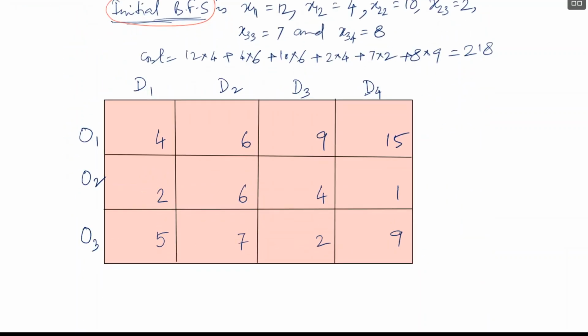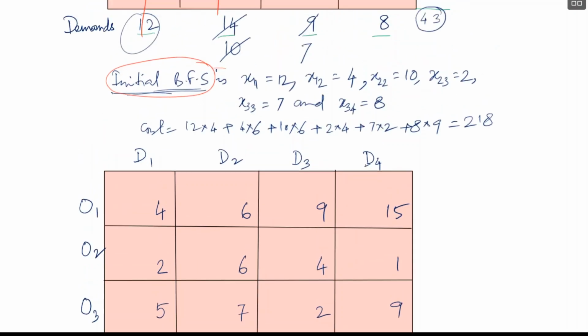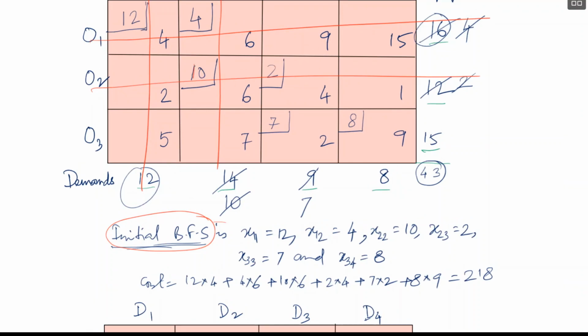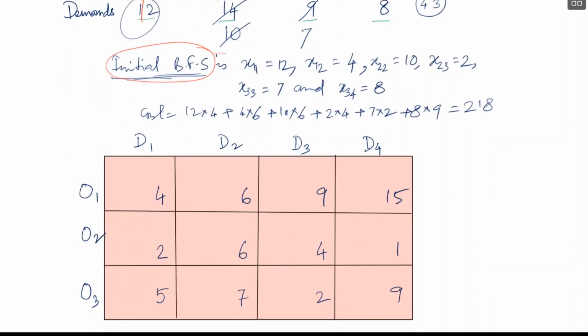Next, to do the test, we take the problem, that is the cost and the allocated cells with the allocations we have got so far. Yes, I am taking it, and we are not considering the supplies and demands now.